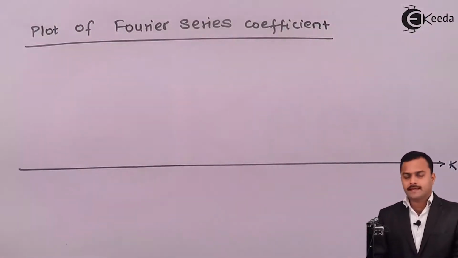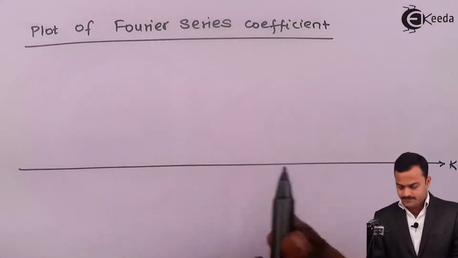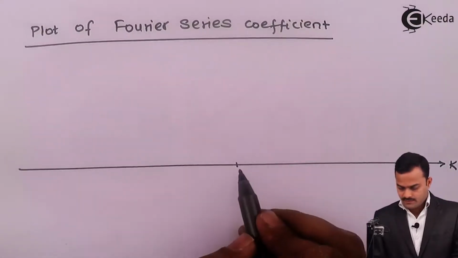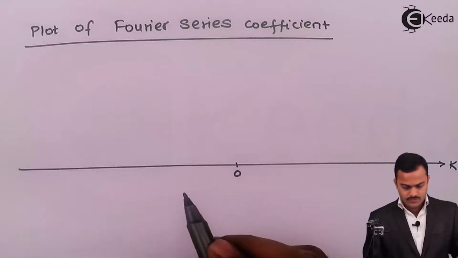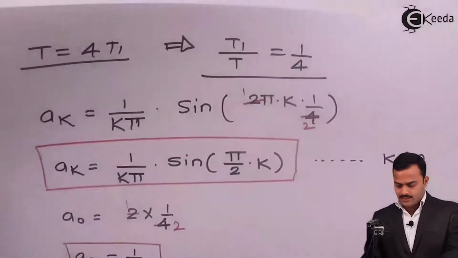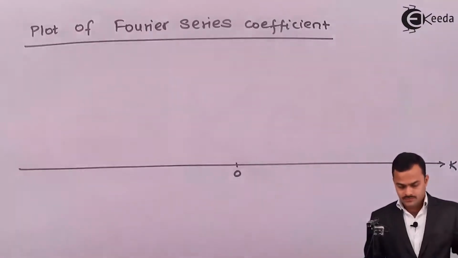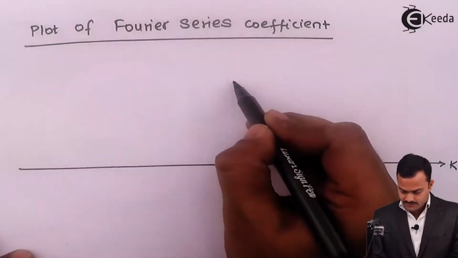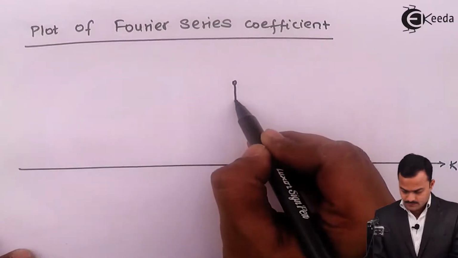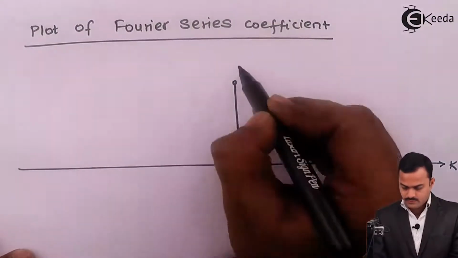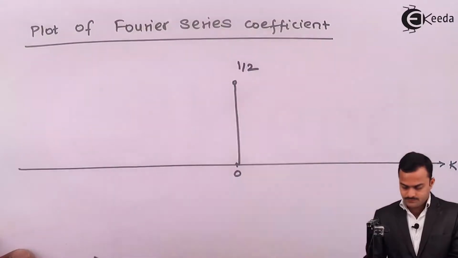We are going to plot ak against the values of k, where k will be 0. So when k is equal to 0, we will get this as 1 by 2. So somewhere here we will have the signal, which is a0, nothing but 1 by 2.